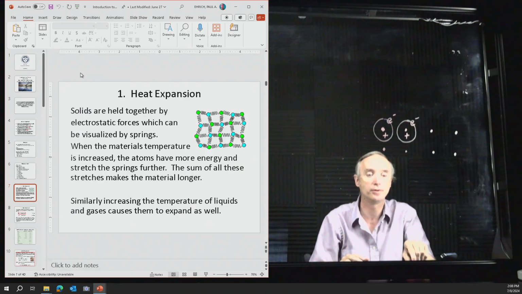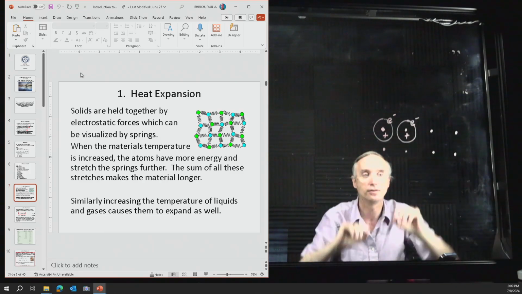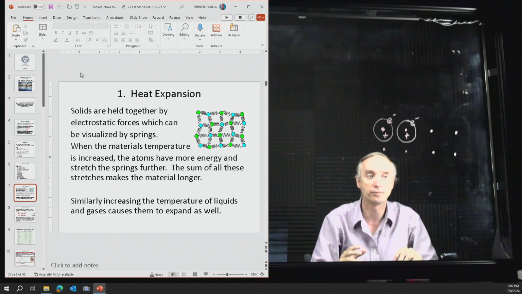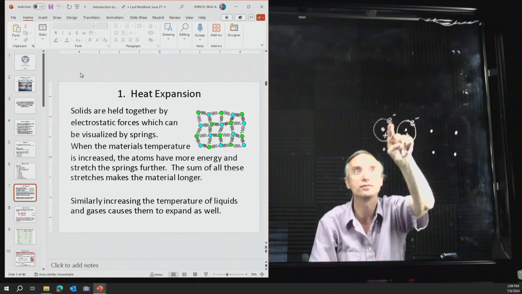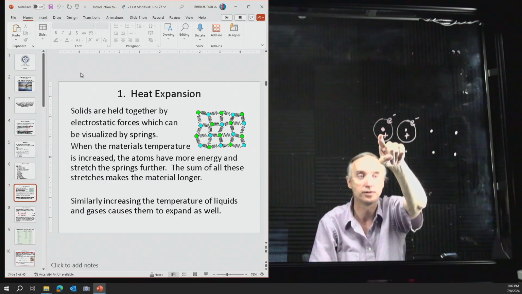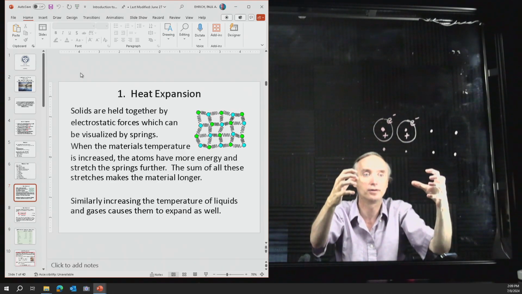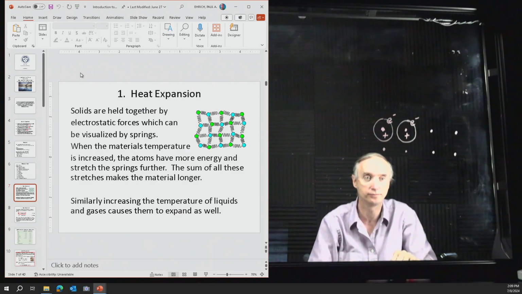So if you try to separate those two atoms, they're not going to like it because these electrons are attracted to these nuclei. If you try to pull it apart, it's going to apply a force that's going to try to pull it back together again.